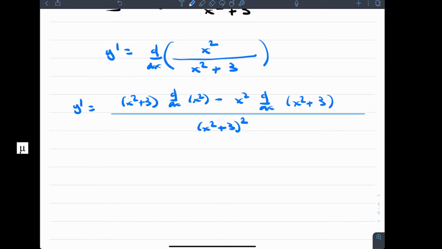Okay, are you guys good with derivatives? Hopefully. Okay, let's see. What do you get here? 2x. What do we get here? 2x. Is that right? Notice we're not even using chain rule here.